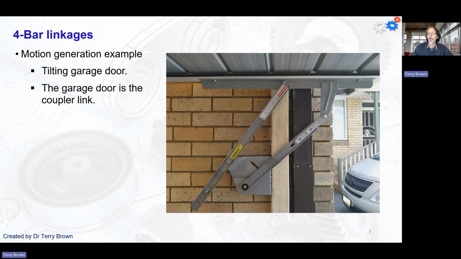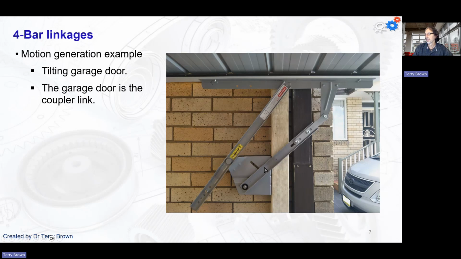Another example would be the tilting garage door. Here we want the garage door to be just a single piece, and that whole door would move with this mechanism. So the 4-bar mechanism here, ground would be this bracket attached to the wall of the garage.